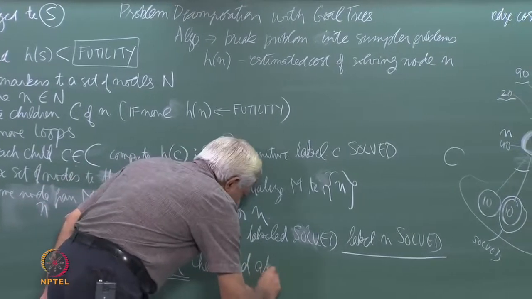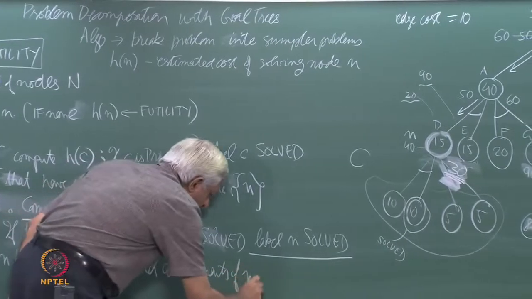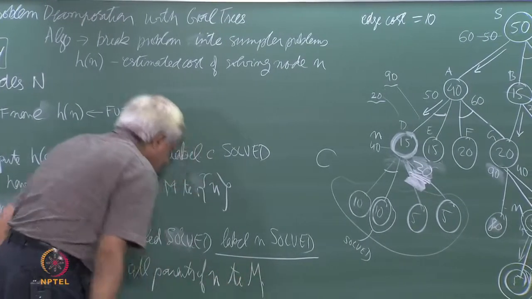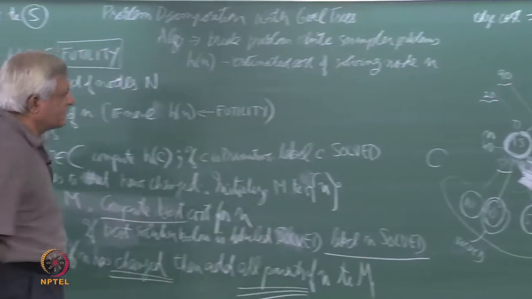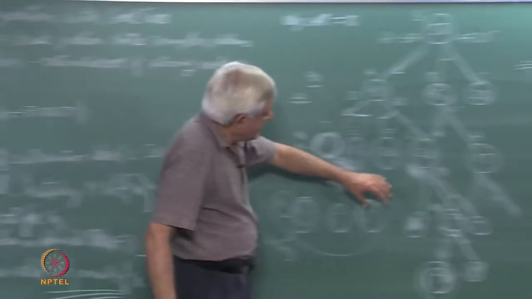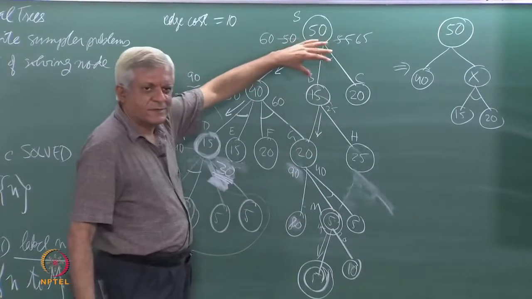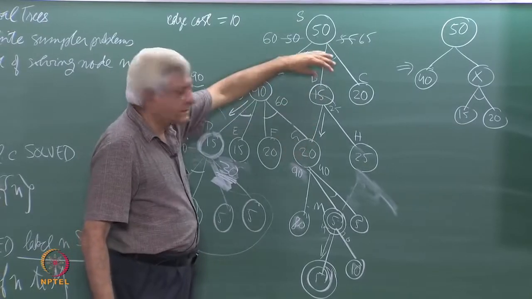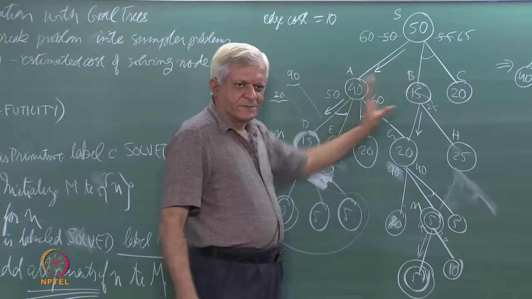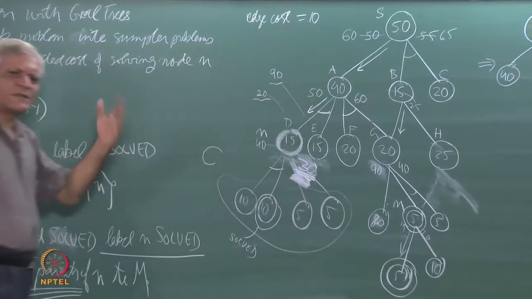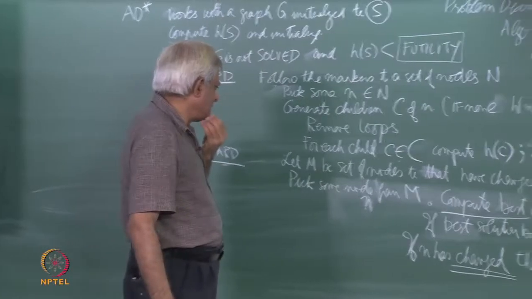add all parents of n to m. That is what I was trying to illustrate here: if this has changed, then this will change. If this changes, you must not only propagate the change of cost from the direction you came, but also to any other parent that this may have, because at a future date that parent might become relevant.